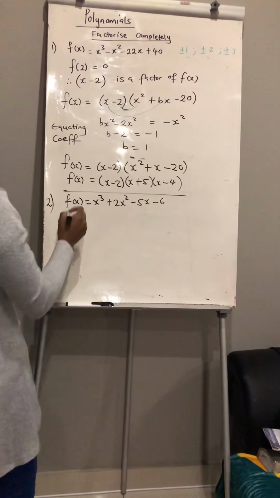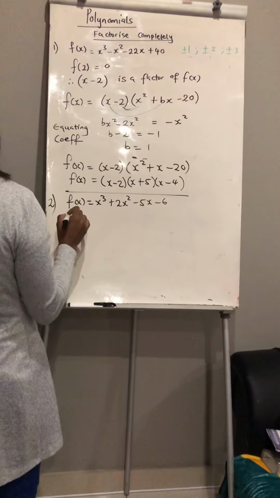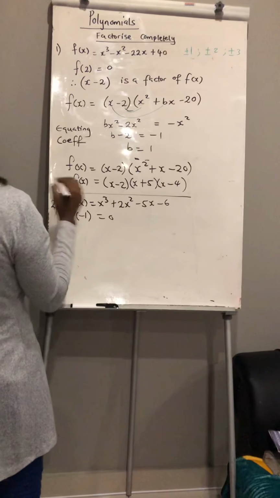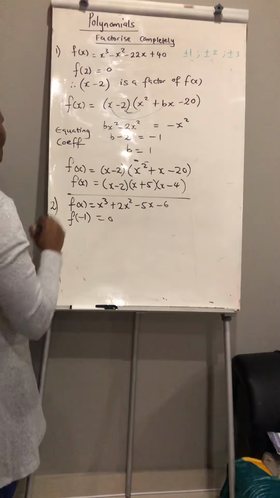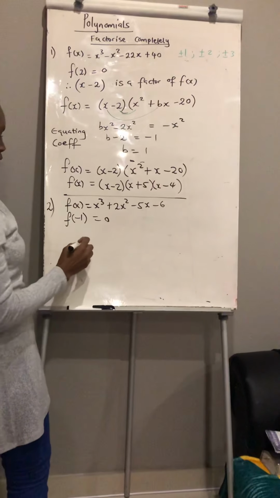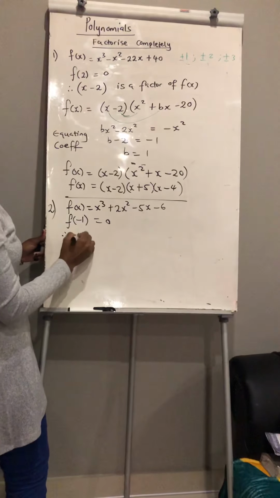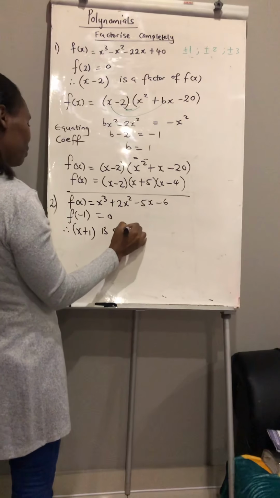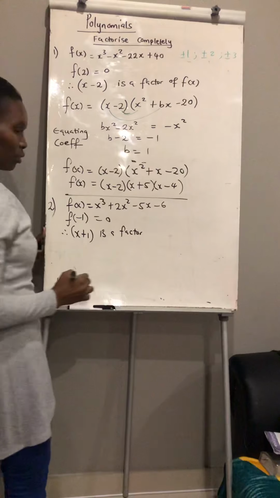So in this situation, it is actually function of minus 1 here that will give you 0 for this particular one. So if function of minus 1 is 0, it means that it is x plus 1, which is a factor in this situation.